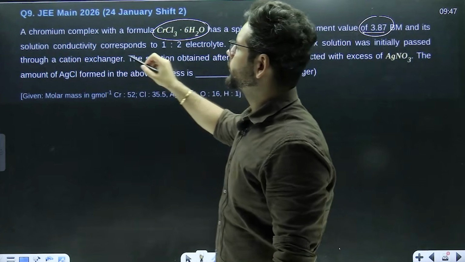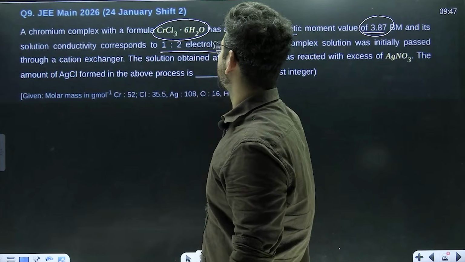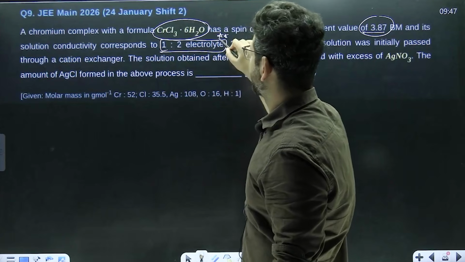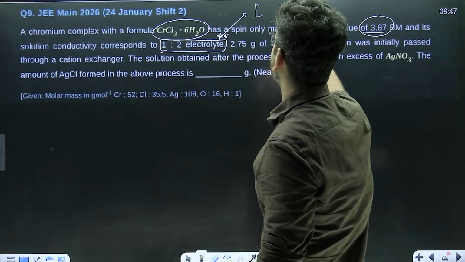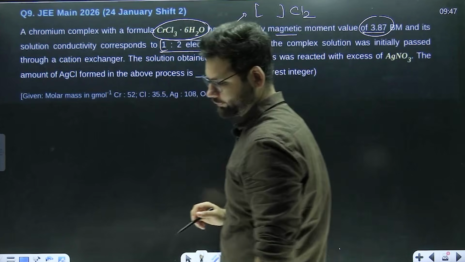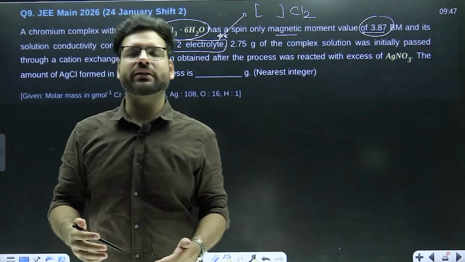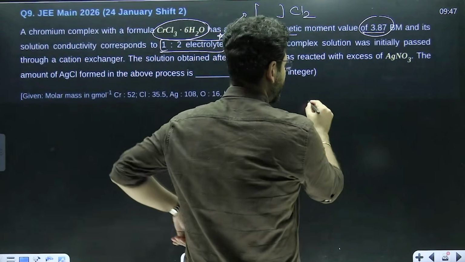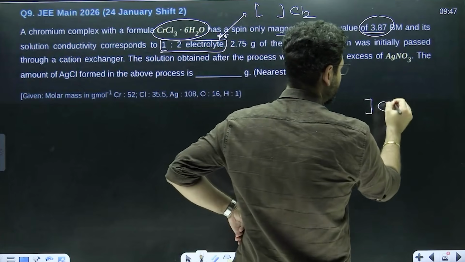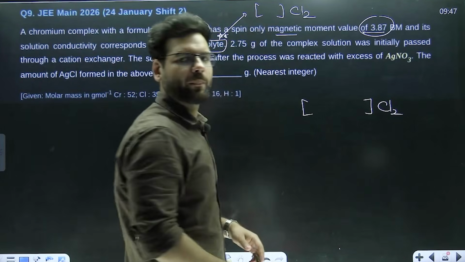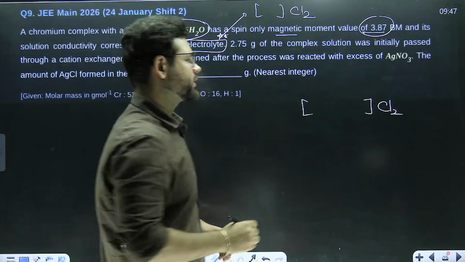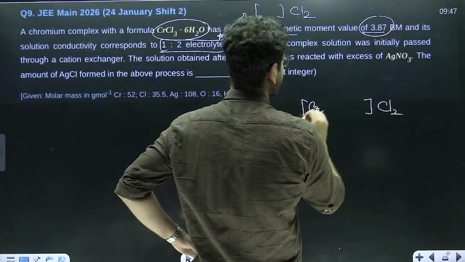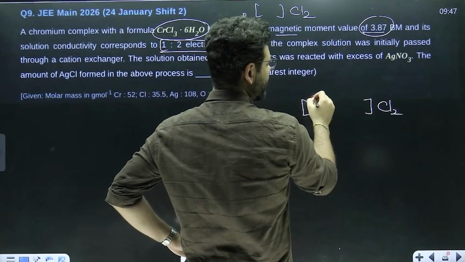It corresponds to conductivity of 1:2 type of electrolyte. This is important. It tells you that there is one bracket and 2 chlorides outside. That means it's a bracket followed by Cl2. Inside the bracket I have to keep chromium, and chromium needs to have coordination number 6.